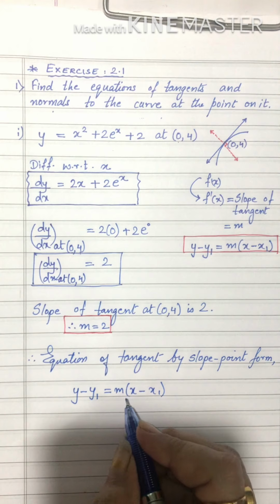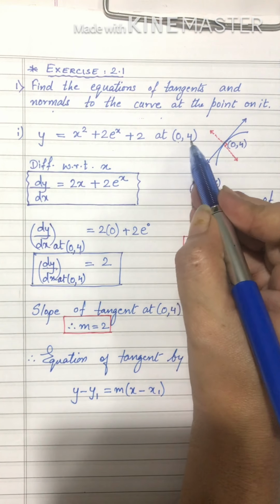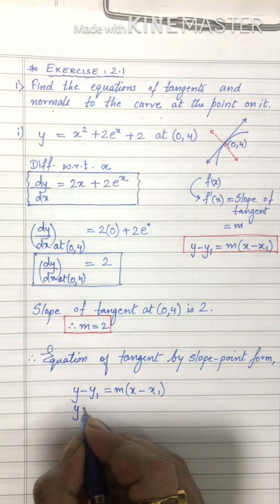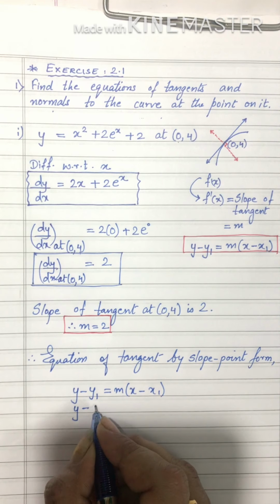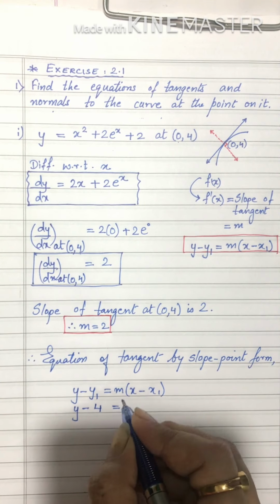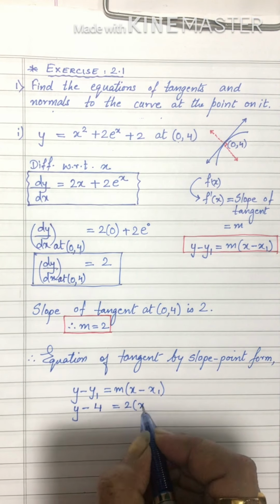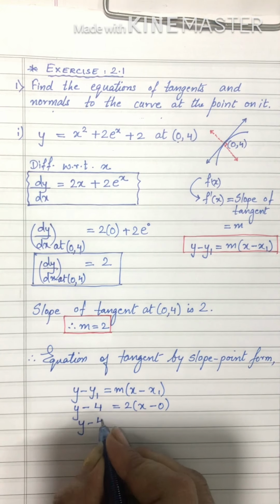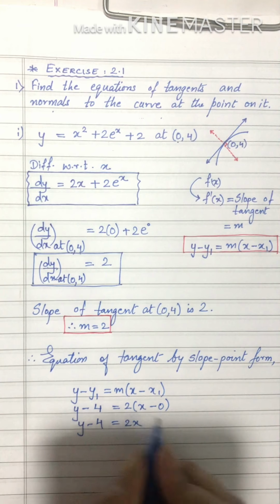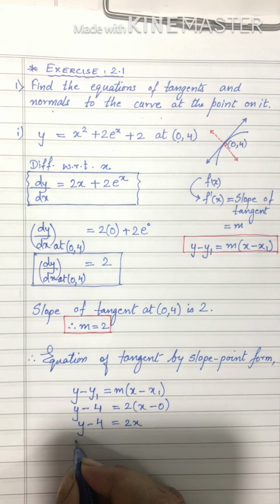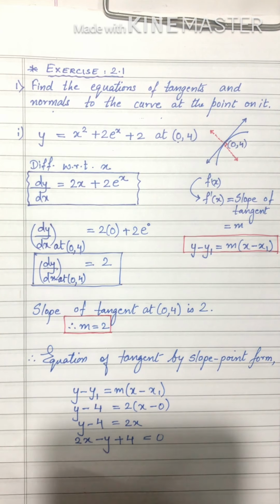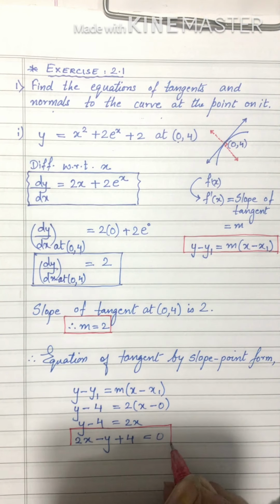Now what is this x1 y1? x1 y1 is these two coordinates given, x1 and y1. I substitute it here. y1 is 4, m we got it as 2, and our x1 is 0. So let's solve this further. We get here 2x. Now we'll bring everything to one side, so we get 2x minus y plus 4 is equal to 0. So I frame it nicely.